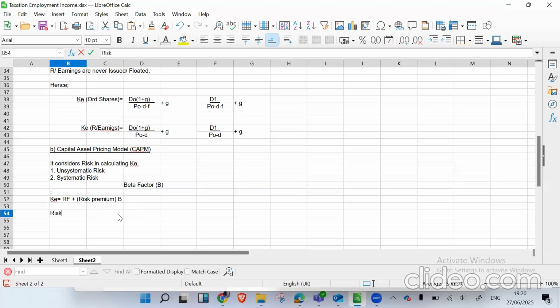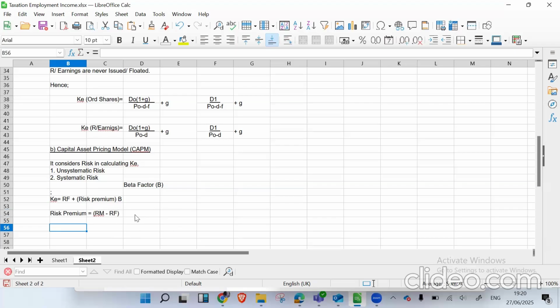Of course, risk premium equals RM minus RF. Risk premium is RM minus RF.